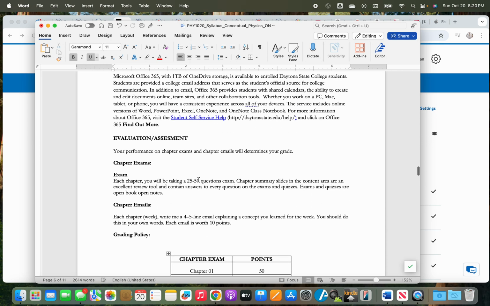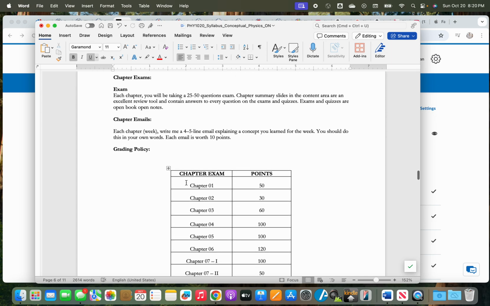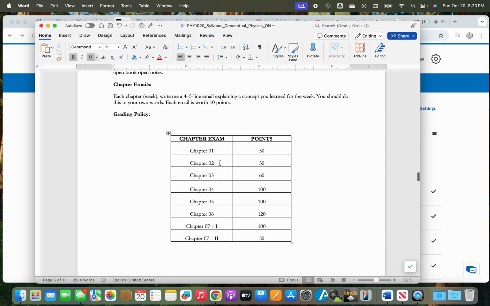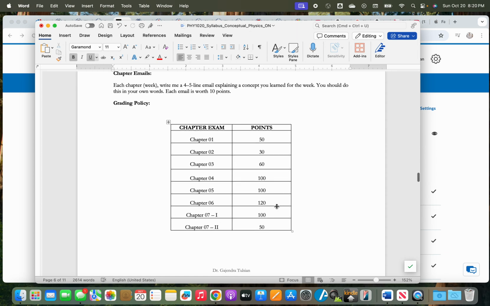On the exams, each question is worth 2 points. The chapter 1 exam has 25 questions, 50 points. Chapter 2, which is a short chapter, has 15 questions. Chapter 3 has 30 questions. Chapter 4 has 50, chapter 5 has 50 questions. The chapter 6 exam has 60 questions. And chapter 7 is a long chapter, so I've broken that into two parts.